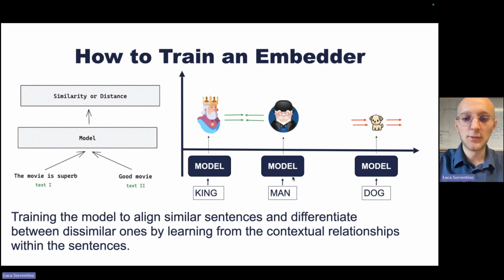We can force the model to obtain these results just by putting the result of the cosine distance inside the loss function. So we take a sentence and we embed it. We take a similar sentence and we embed it. Then we calculate the cosine distance between the two embeddings, and we ask the model to minimize this value. Then we repeat the same process with a sentence and an uncorrelated sentence. And now we ask the model to maximize the distance between the two sentences.